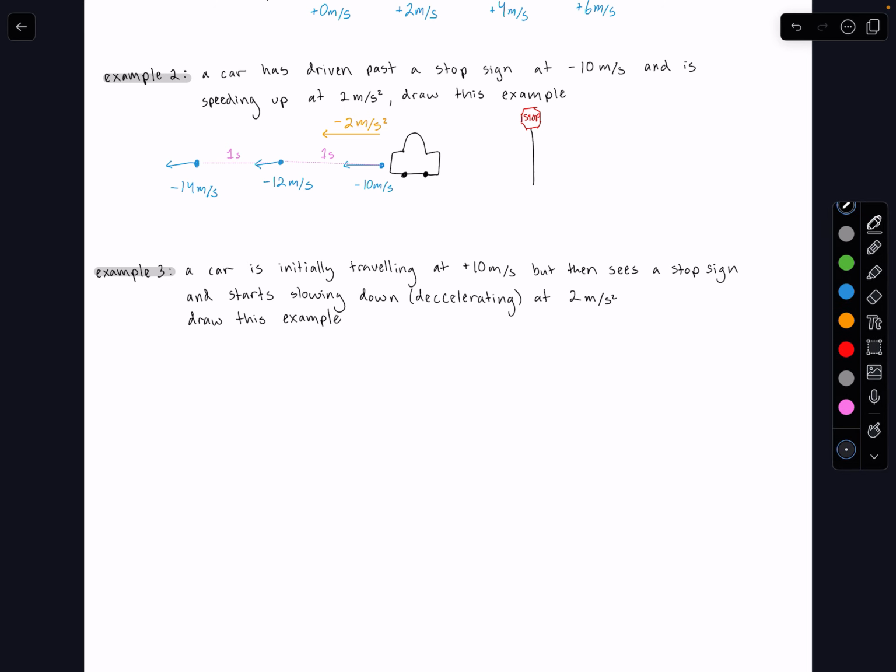So we have a car. Let's draw the car here. And the car is moving initially at positive 10 meters per second. But then it sees a stop sign. So let's draw that stop sign again.